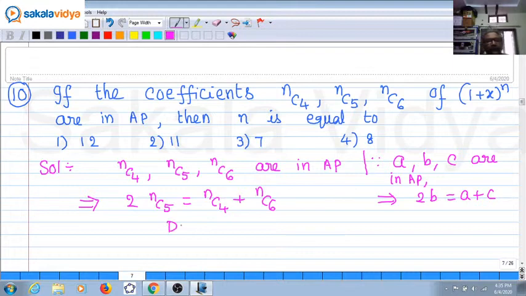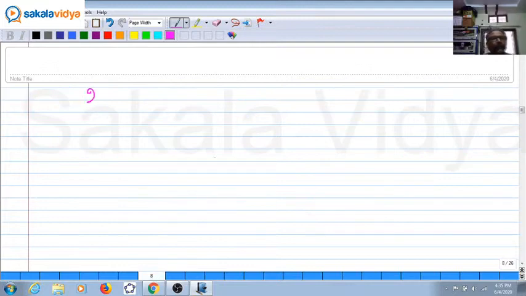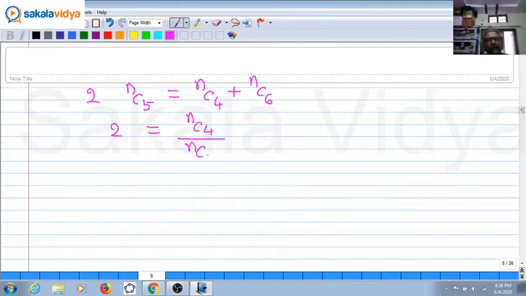Divide both sides by nC5. 2 equals nC4 upon nC5 plus nC6 upon nC5.